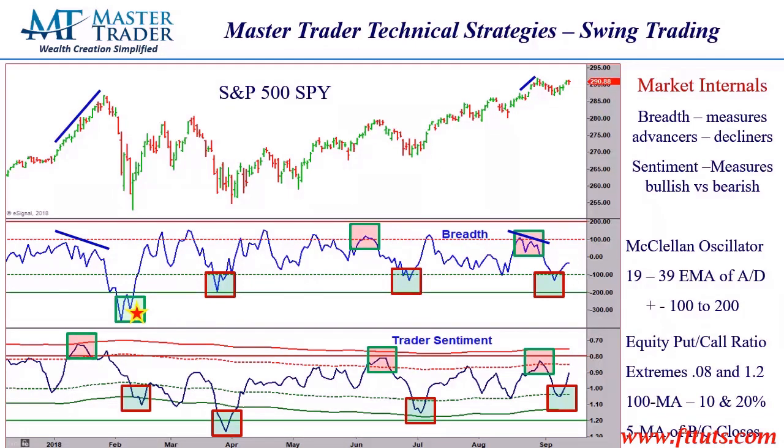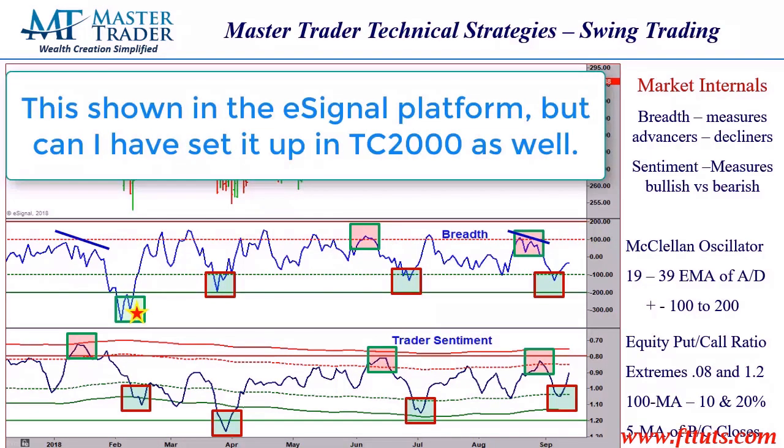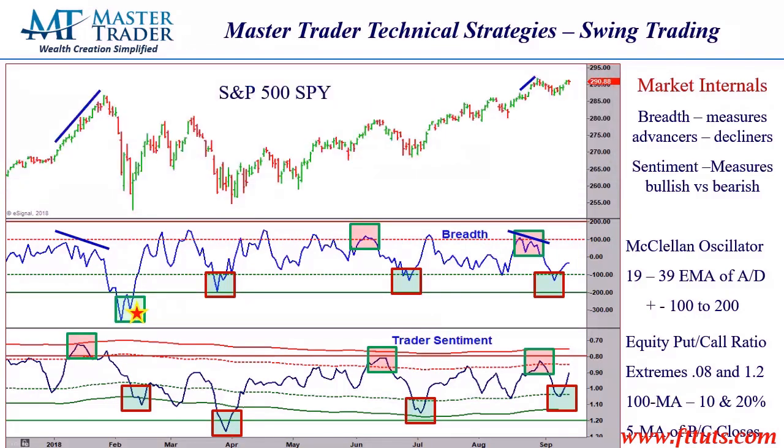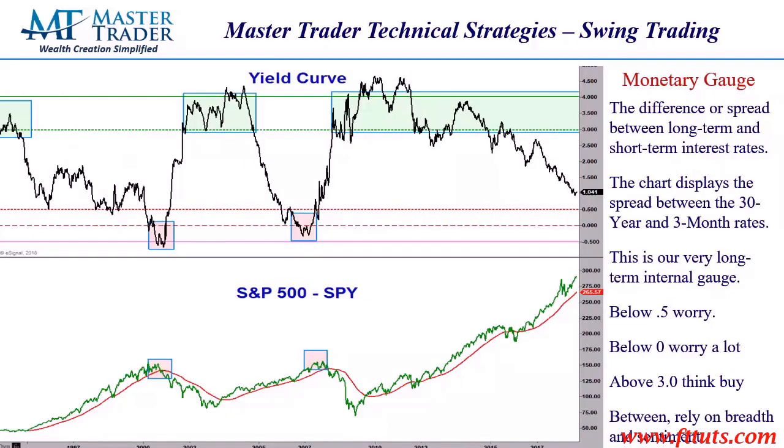So, market internals, in addition to what I've shared with you already, just increasingly is putting the odds in your favor, and you can see the accuracy of the turning points when they reach bullish levels or a bearish level. You may have heard of the term yield curve, and it's simply looking at the difference between short-term interest rates and longer-term interest rates.